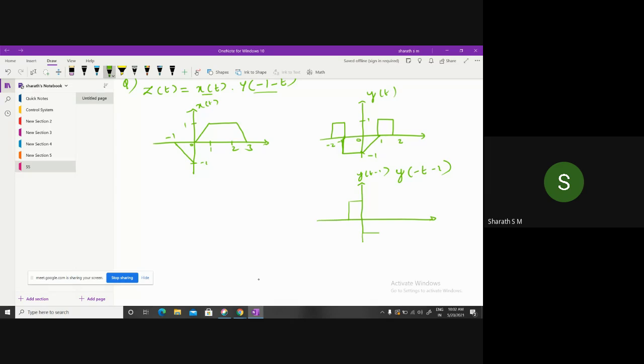Afterwards from 0 to 1 we have a slope, so that will be shifted to 1 to 2, and from 1 to 2 we have a pulse that will be shifted to 2 to 3. So this is minus 1, 0, 1, 2, 3. So this is y of t minus 1.